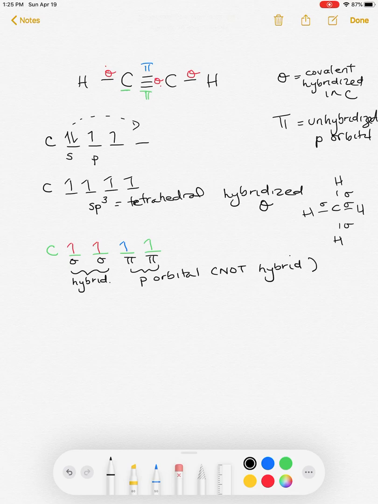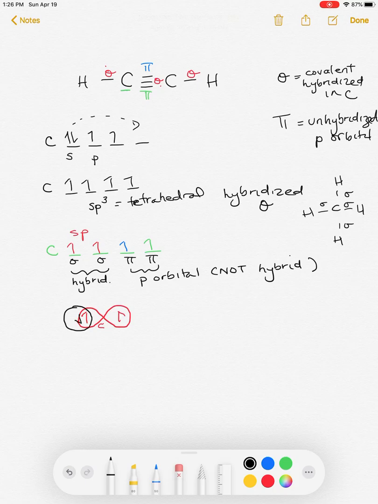Okay, so let's draw this carbon, shall we? All right, so in this situation, this is sp, because 1s, 1p, hybrid, so the shape of that is linear. And I've got my 2 electrons in the carbon. Okay, so this is carbon right here. Then I'm going to talk about my first sigma bond with the hydrogen.